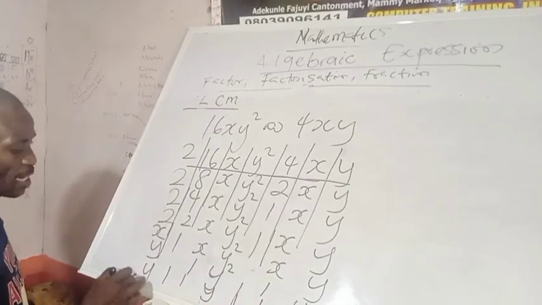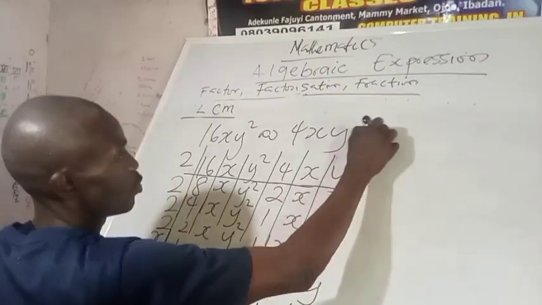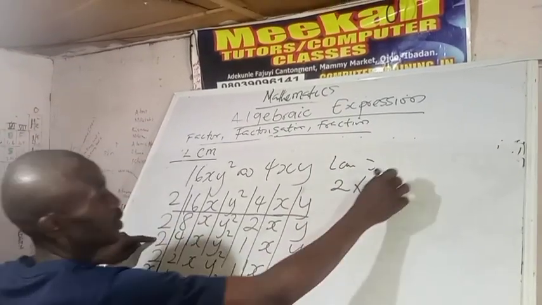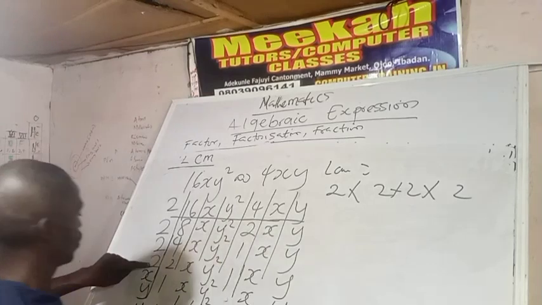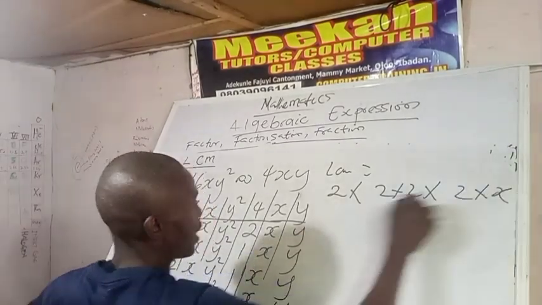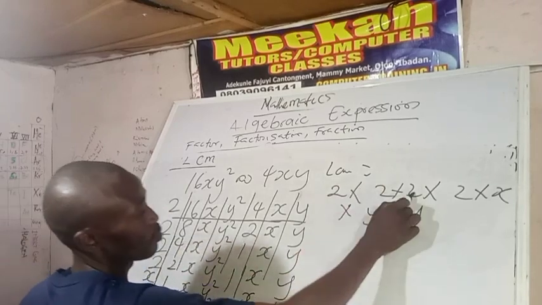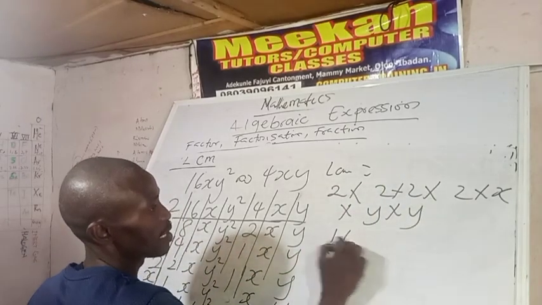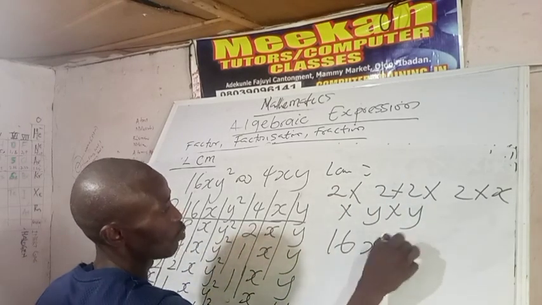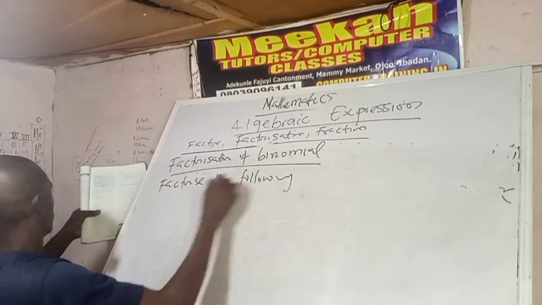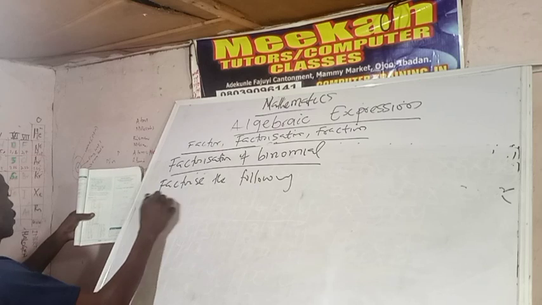Then you can use the last y to cut this one out. So my LCM is going to be what? 2 times 2 times 2 times 2 times x times y times y. 2 times 2, 4. 4 times 2, 8. 8 times 2, 16. 16 x y squared. Following.